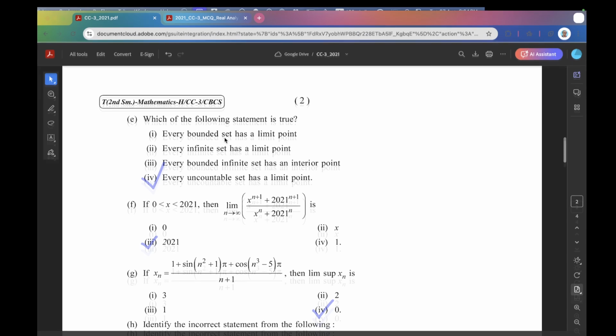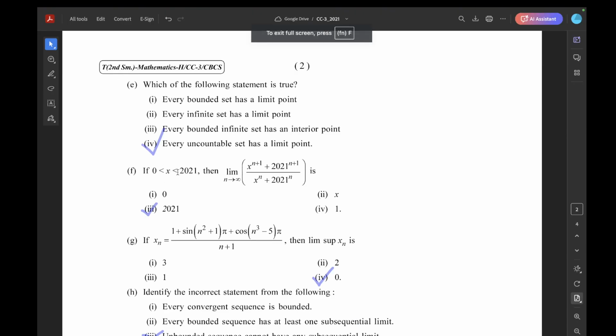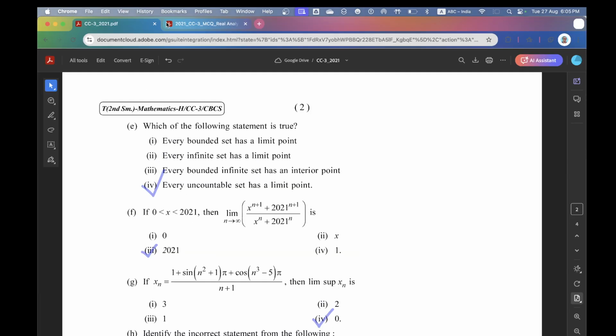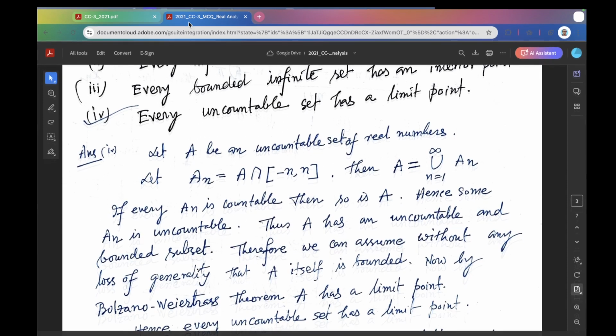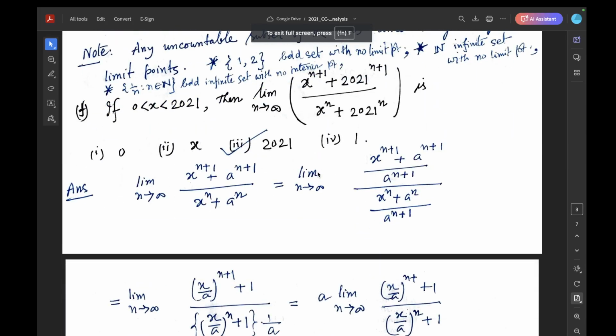Next question F. If 0 < x < 2021, then the limit as n tends to infinity of (x^(n+1) + 2021^(n+1)) divided by (x^n + 2021^n) is: the correct option is 3, 2021. Now set 2021 equal to a.